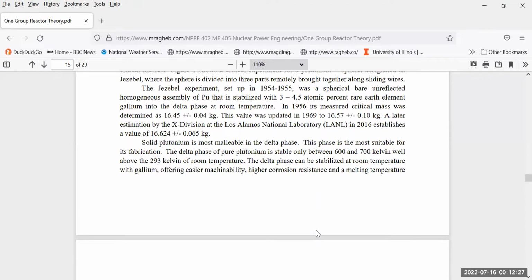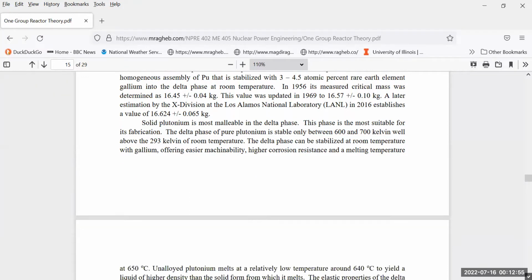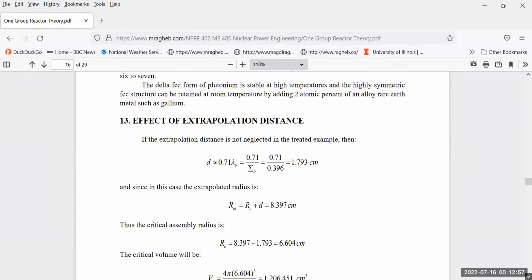So you could see here in 2016, they were still carrying out experiments at the X Division at the Los Alamos National Laboratory. They considered that the critical mass of that plutonium spherical experiment, the Jezebel experiment, is 16.6 kilograms. Compare this to the 45 kilograms that would be for a uranium-235 sphere in general.